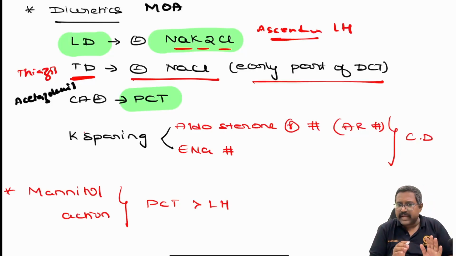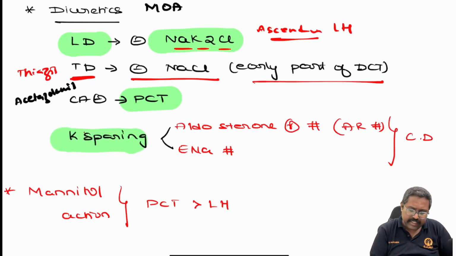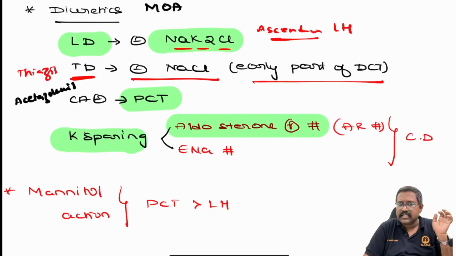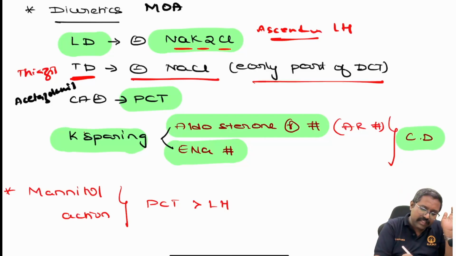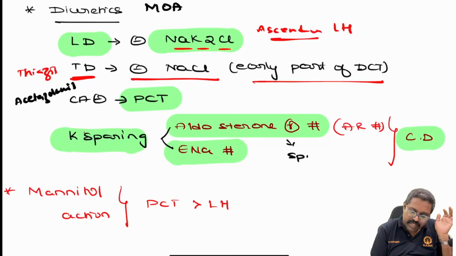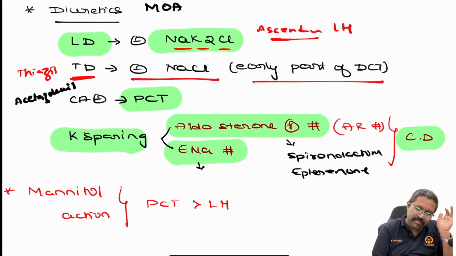Under potassium sparing diuretics, very very important, we have two types. One is the aldosterone receptor blockers and the other is the epithelial sodium channel blockers. Basically they are going to act on the collecting duct. So what are the examples? You should remember aldosterone antagonists: you have spironolactone, eplerenone, etc. What about examples for the epithelial sodium channel blockers?